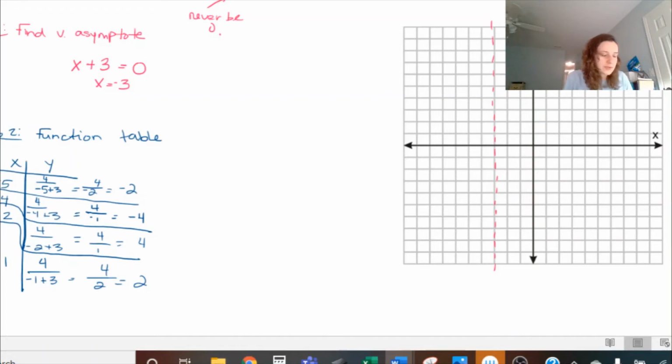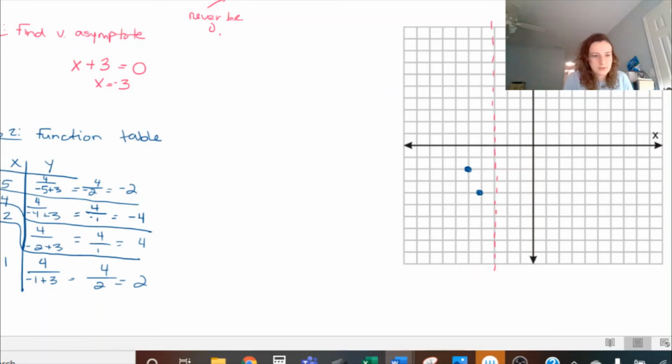Okay, so let's plug these values in here at -5. So here's 3, 4, 5. I'm now at -2, 1, 2. Okay, and -4 is at -4, 1, 2, 3, 4 here. And actually we probably should go one more.